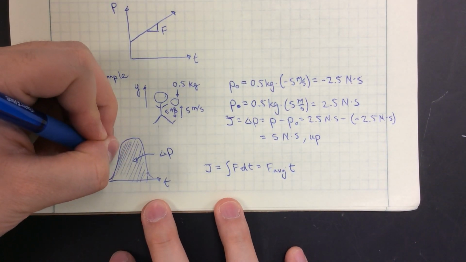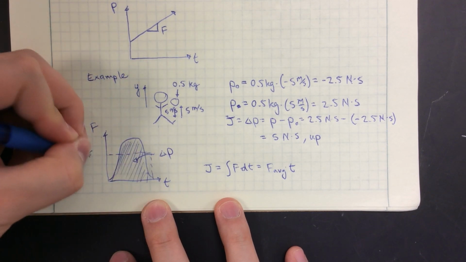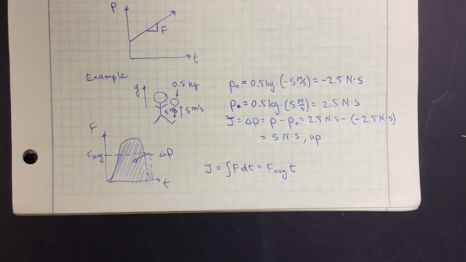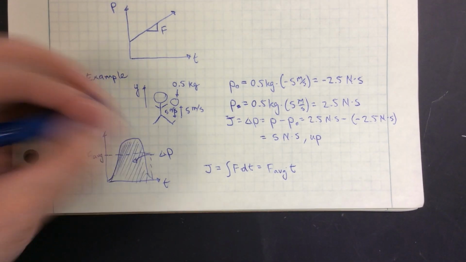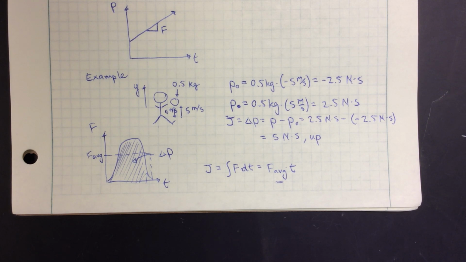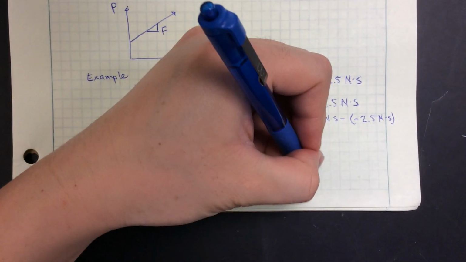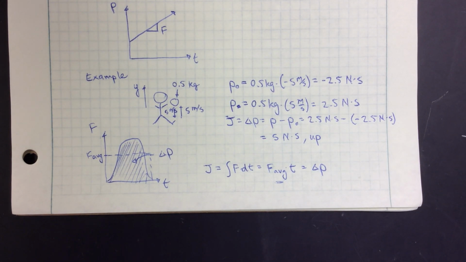So you can find an average force that is representative of the mean slope on your momentum change. Sometimes you'll want to know what the average force is, and so your average force over some time equals your change in momentum, and that can be useful to know.